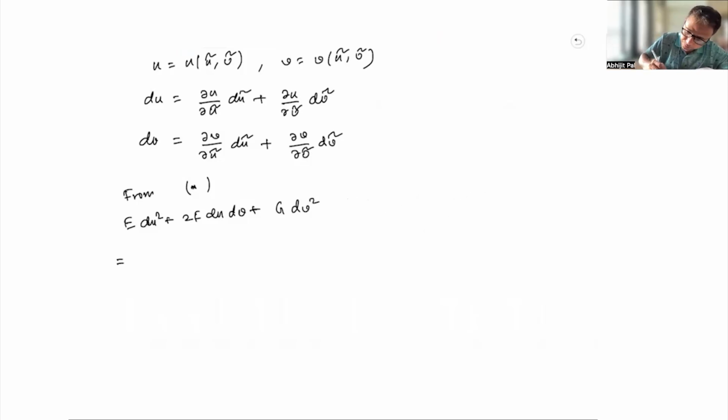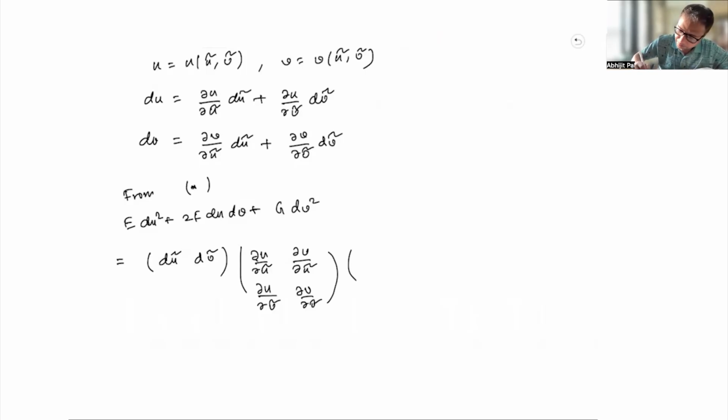So this is equal to du tilde, dv tilde times the matrix with entries del u by del u tilde, del v by del u tilde, del u by del v tilde, del v by del v tilde, multiplied by the matrix F, G. Okay, and here you have the transpose of this matrix.